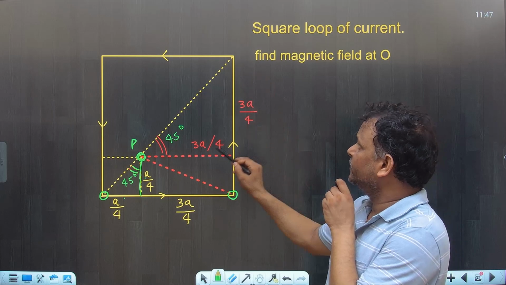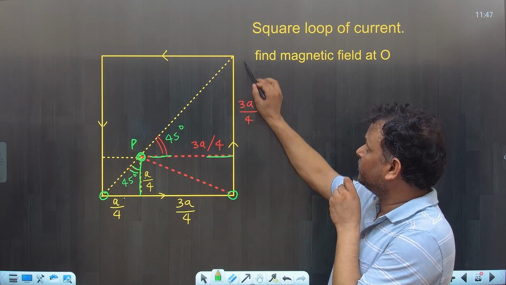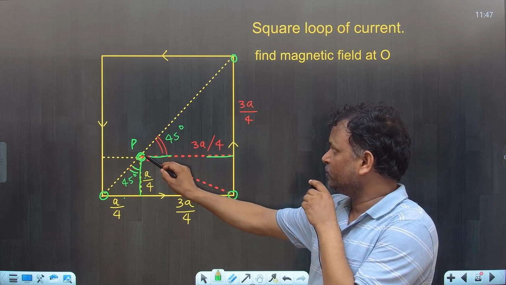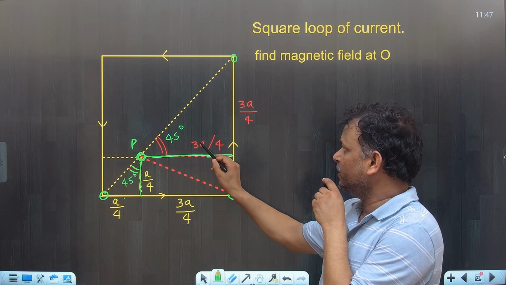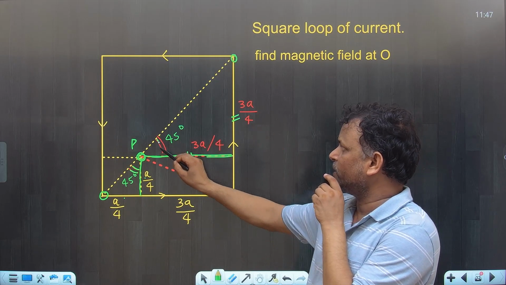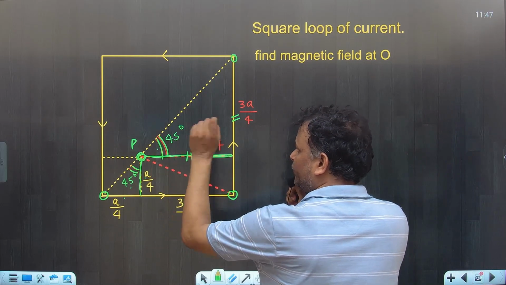In this case the perpendicular was 3A by 4, and this angle is 45 degrees.